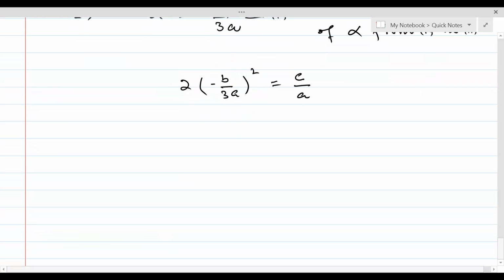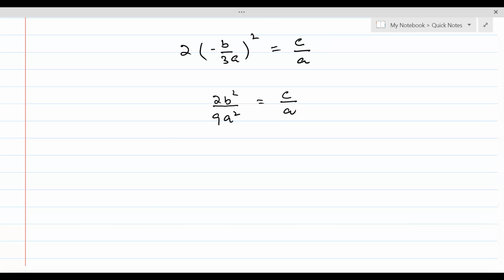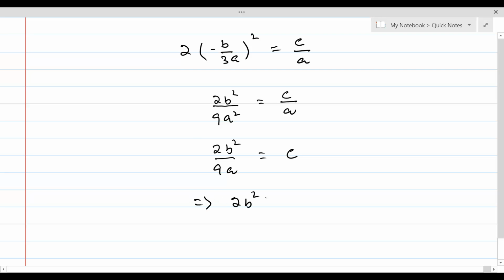This means 2b square divided by 9a square is equal to c over a, or in other words 2b square over 9a is equal to c, or in other words this can be written as 2b square is equal to 9ac, which is the required condition. We'll see you in the next lesson with more questions.